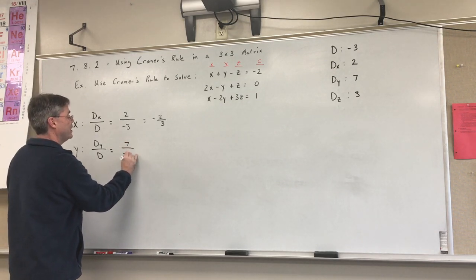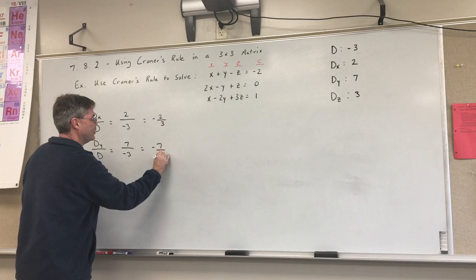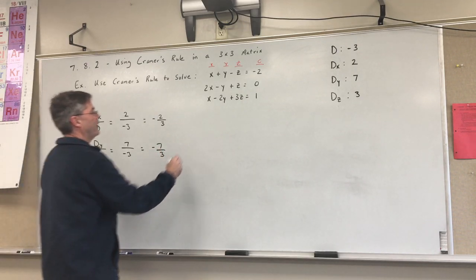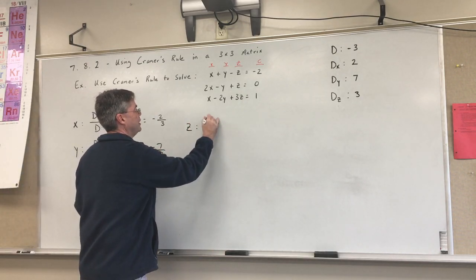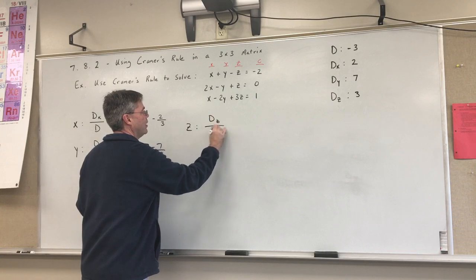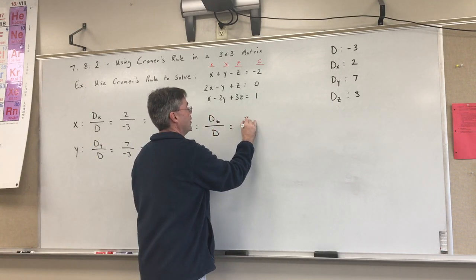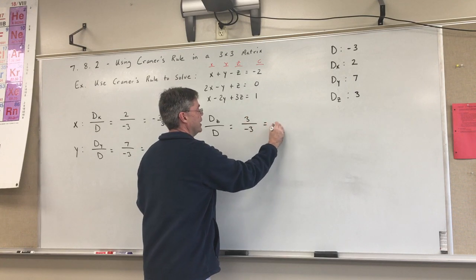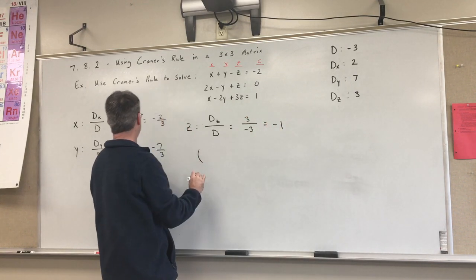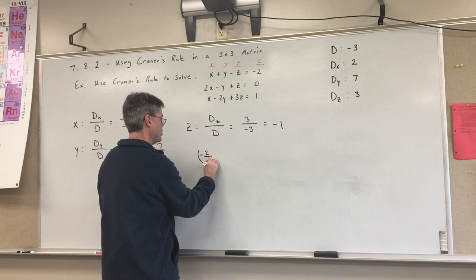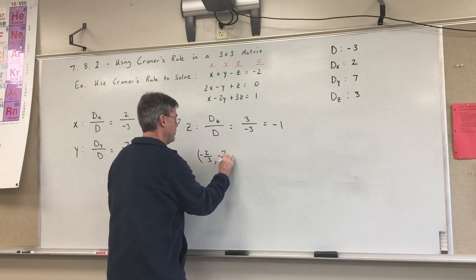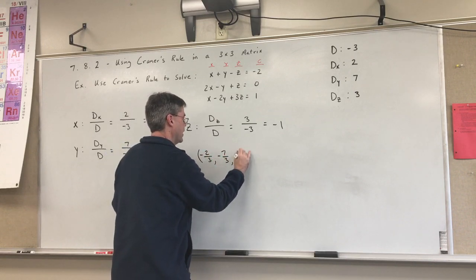D is negative 3, so that'd be negative 7/3. And then finally z is going to be d sub z over d. And that is 3 over negative 3, which is negative 1. So our solution is negative 2/3, negative 7/3, and negative 1.